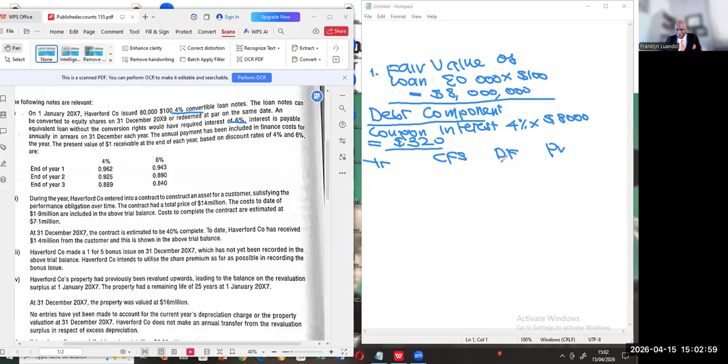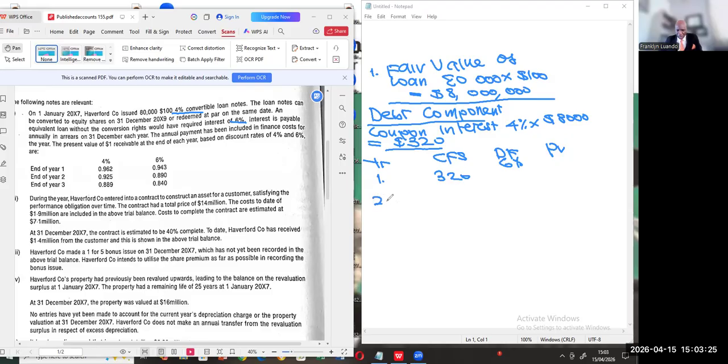So here we use the effective interest, the interest rates of similar loans but without the option to convert, which we are given to be 6%. Year one, there will be 320, the coupon interest.